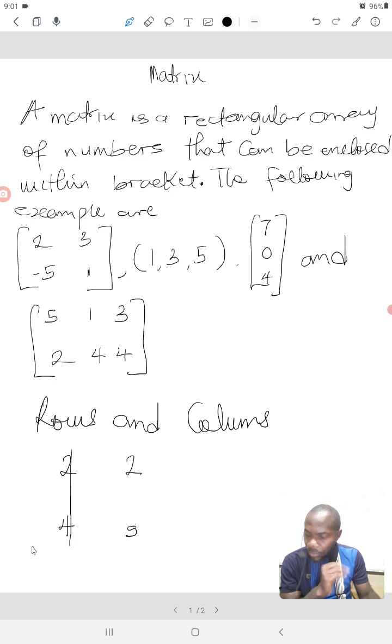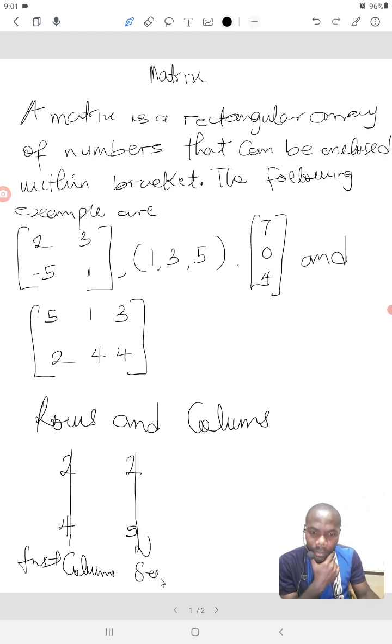We can call this one the first row. We call this one the first column. This one, the second column.